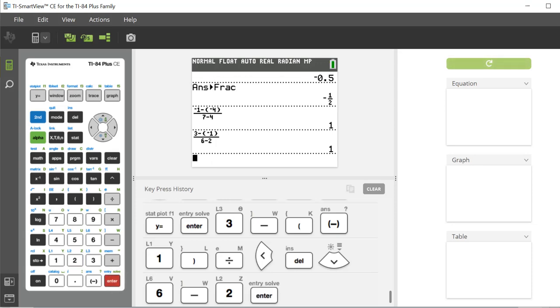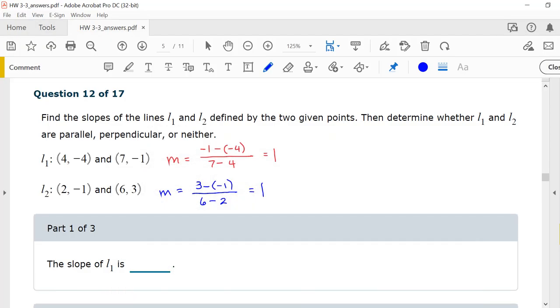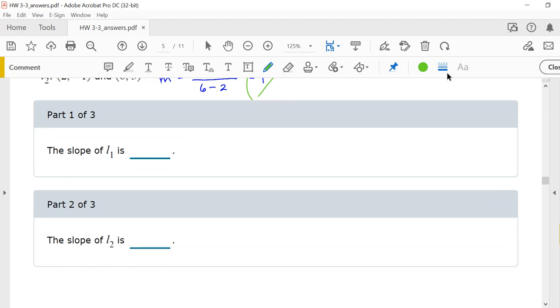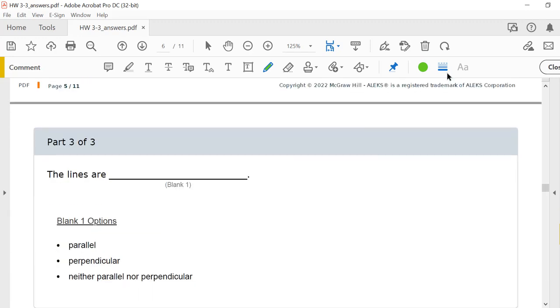I get 1. The slope of line 1 is 1, and the slope of line 2 is 1. These are the same slope. Those lines have the same slope, so they must be parallel. The slope of line L1 is 1. The slope of line L2 is 1. So the lines must be parallel.